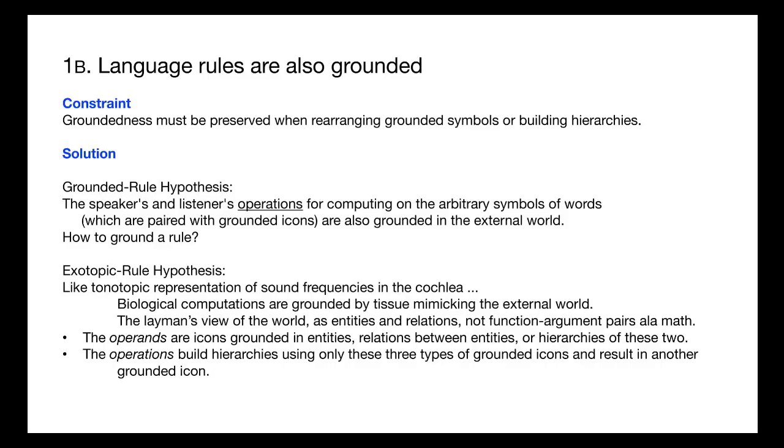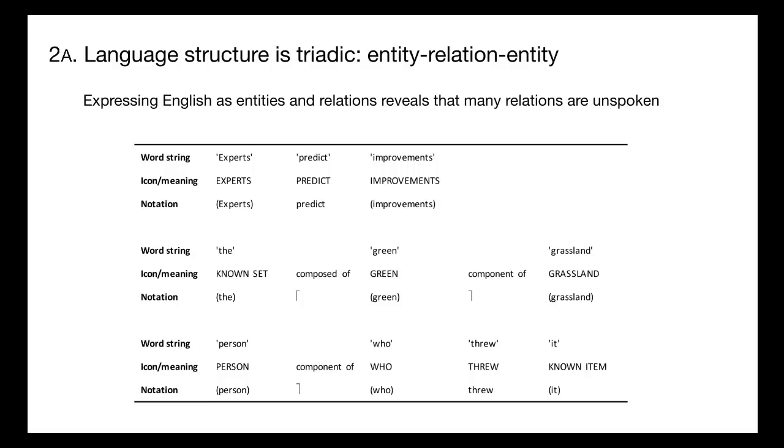So the operands are going to be these icons, these grounded symbols, or hierarchies of them. The operations are going to build these hierarchies using only those three things, and the result of doing it is still going to be one of those three things. So then the question is, how far can you get with this? So let's start doing some data. I assembled about 1,000 different sentence fragments and sentences.